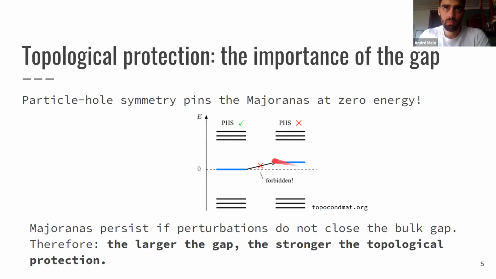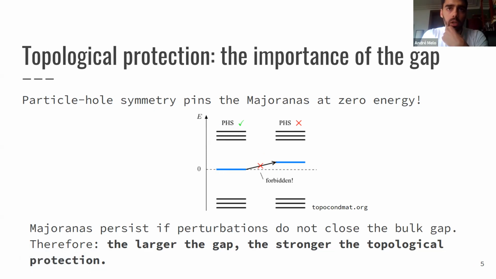So there's no perturbation that does this, assuming you're still respecting particle-hole symmetry. So actually, the only way to remove the Majoranas is to first close the bulk gap to bring these levels to the Fermi level, and then Majoranas can disappear.